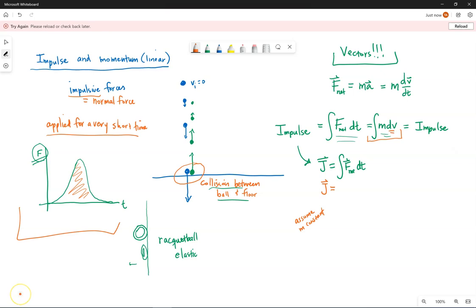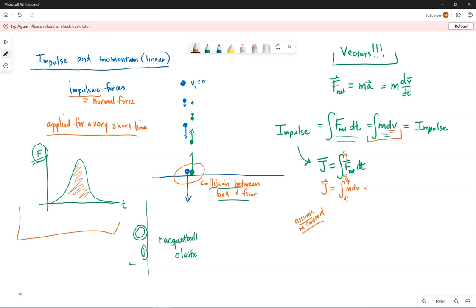This integration is with respect to velocity, meaning velocity is our variable. That means if I integrate m dv, my limits of integration need to be lower limit v initial, so initial velocity, upper limit final velocity. In the force versus time, my limits would be a t initial to a t final.